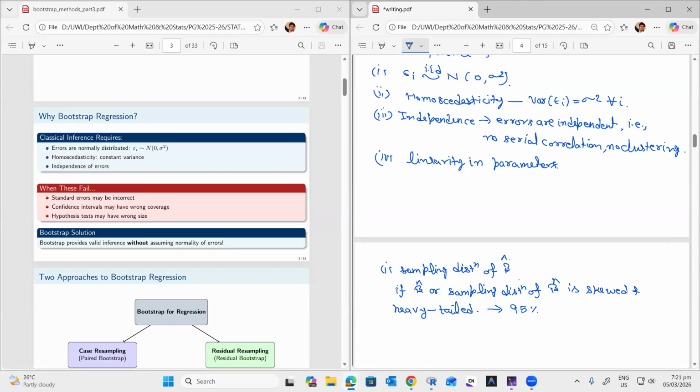is usually found based on the assumption of asymptotic normality.